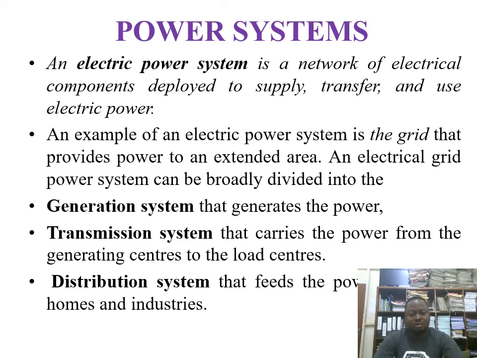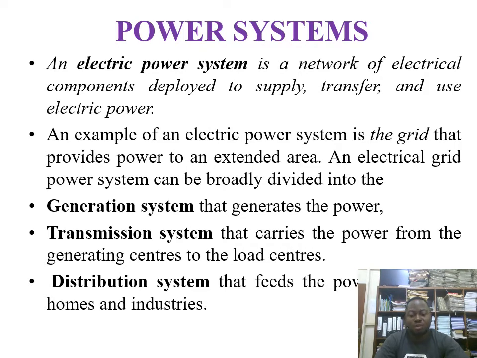An electrical grid power system can be broadly divided into three main sectors: the generation sector, the transmission sector, and the distribution sector. The generation sector is responsible for the generation of electric power. So we can have generation stations like the Akosombo Dam, a major generation station in Ghana.